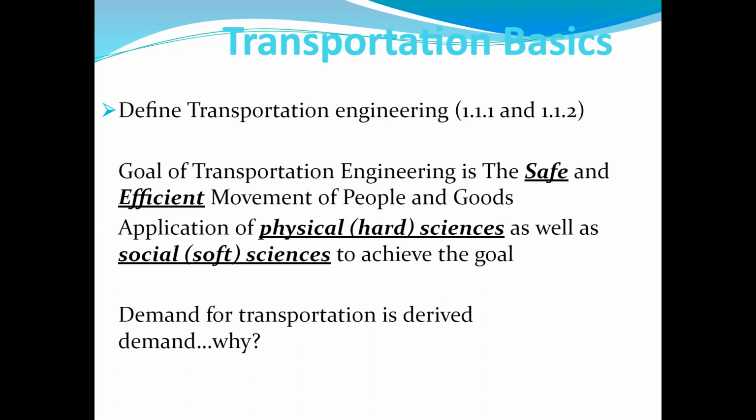And then we have also the soft sciences, because you will see human beings interacting with the system, right? So there are a lot of human factors type issues, a lot of social issues that are important for transportation engineering. So in that way, transportation engineering is a little bit different than other branches of civil engineering, because it has that soft sciences combination as well.